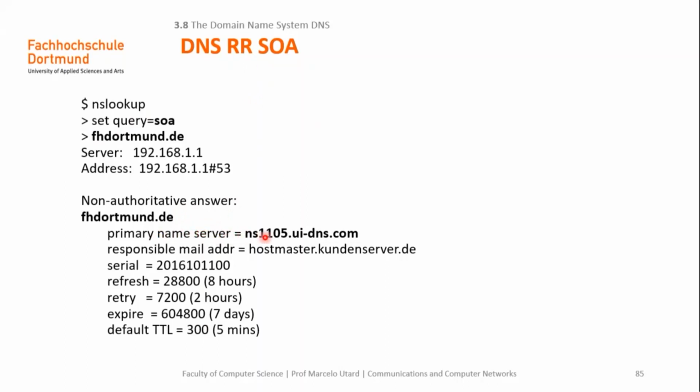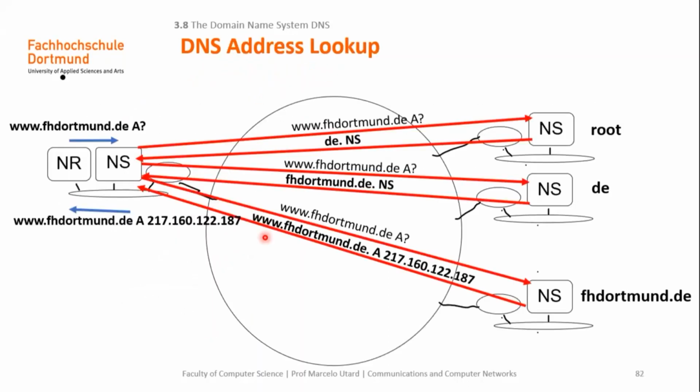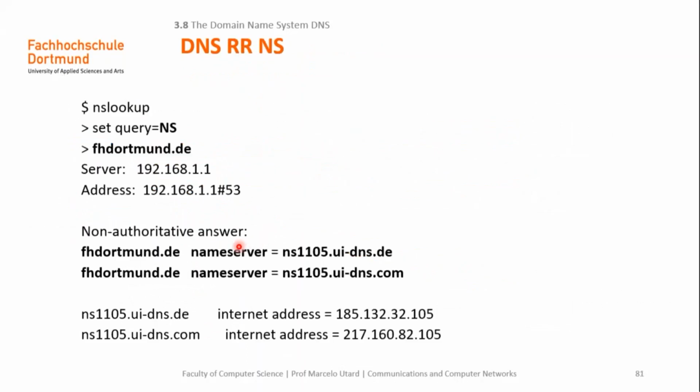If we look here, we could get the information of the different authoritative name servers of the Fachhochschule Dortmund. But in fact, only one of those is the primary. Which is the primary?